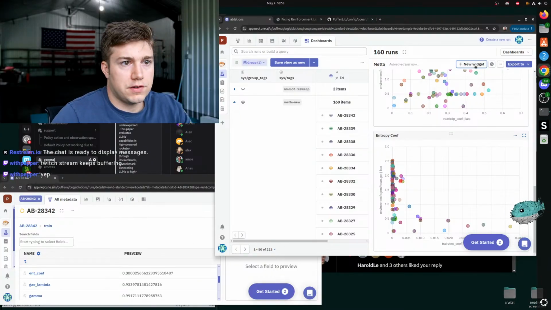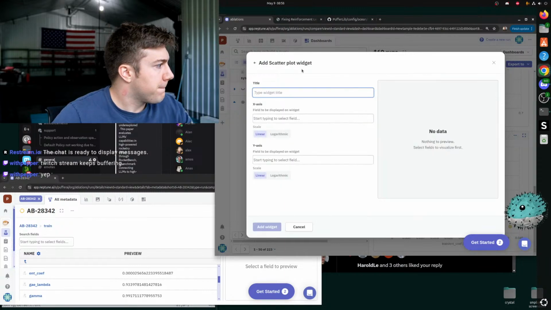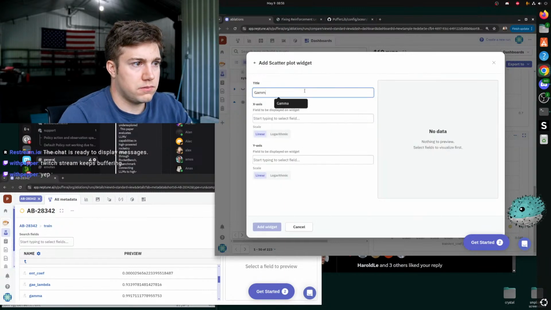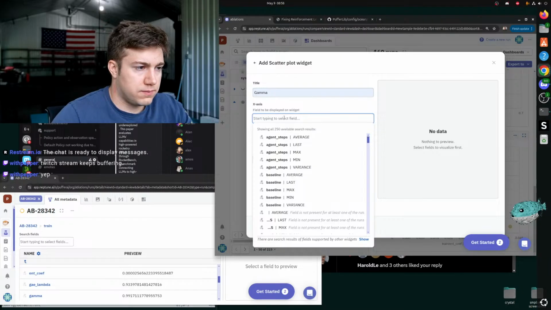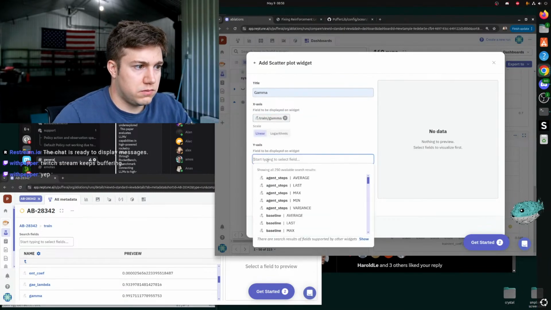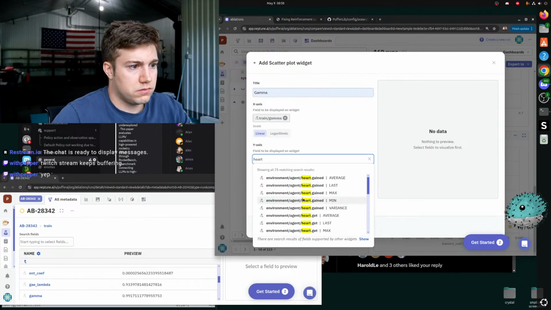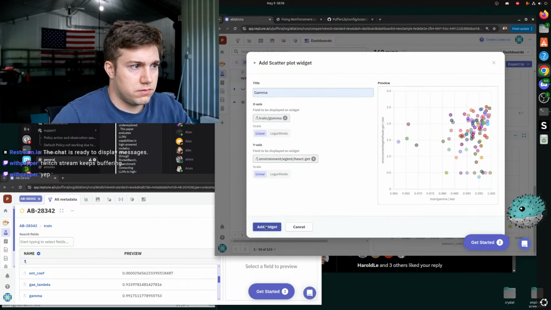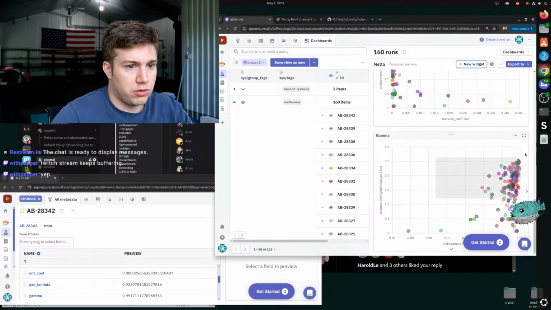Gamma lambda, obviously. GAE params are among the most sensitive.